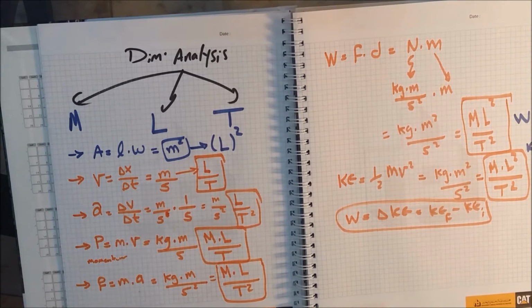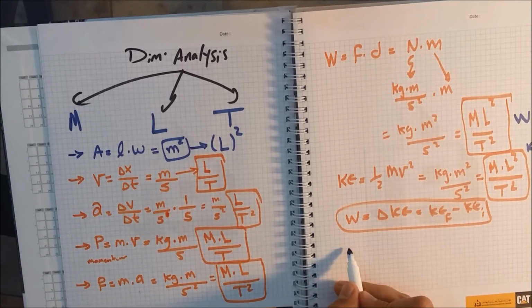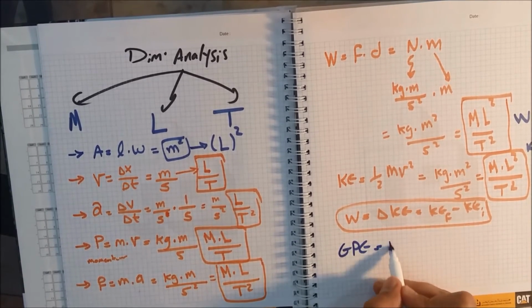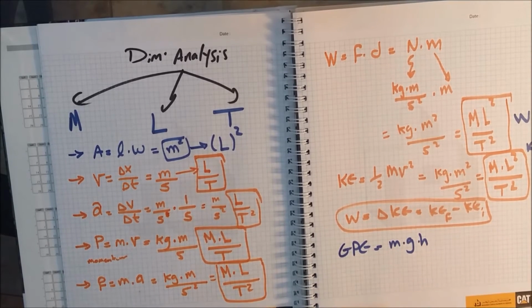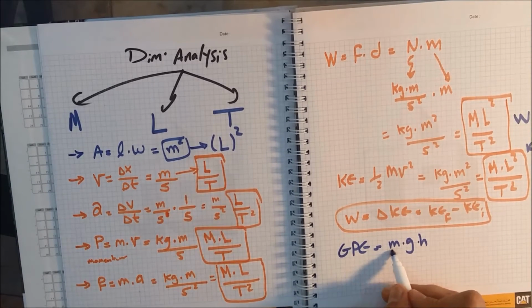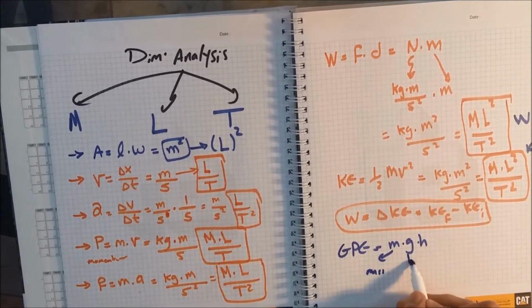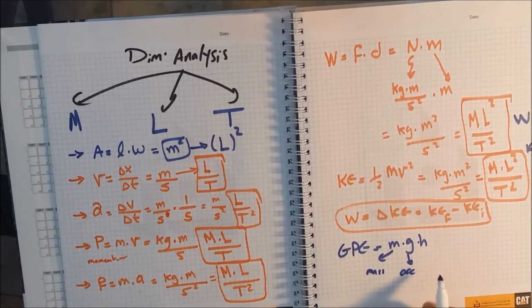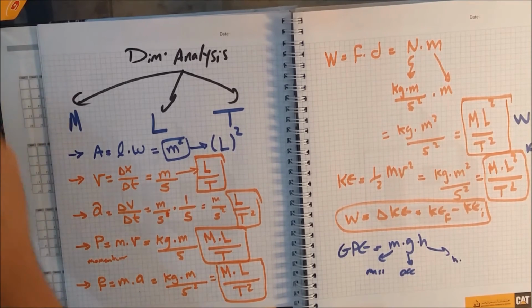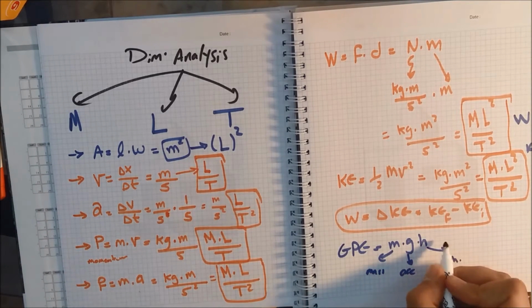Let's prove this further by getting the dimension analysis of the gravitational potential energy, GPE, which is equal to mgh. M is a mass, g is an acceleration, this is the gravitational acceleration, 9.8 meters per second squared, and this is the height, which is a value also. So let's get the dimensions of the three values here.